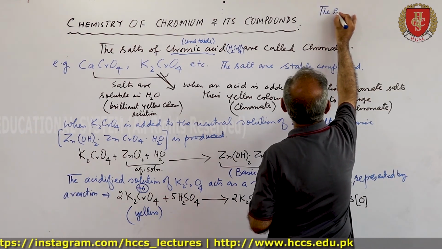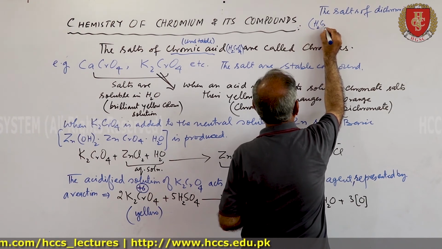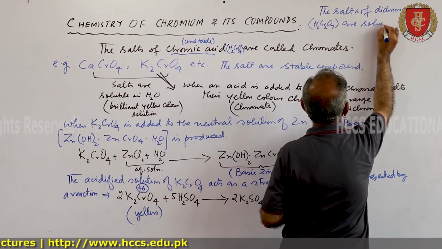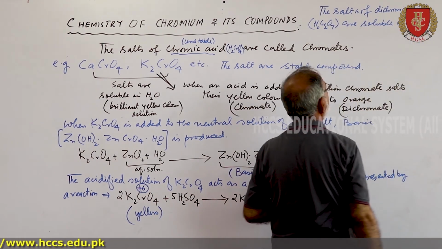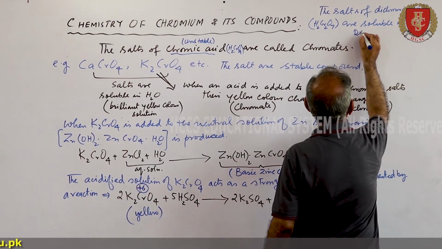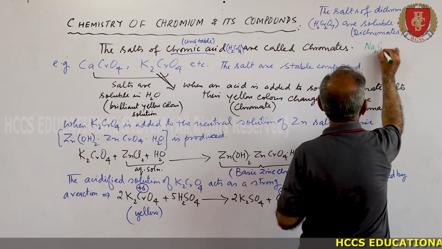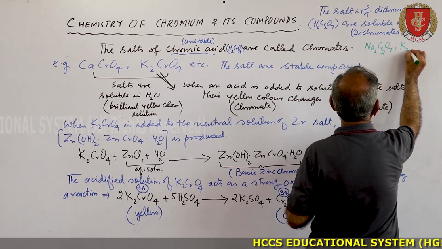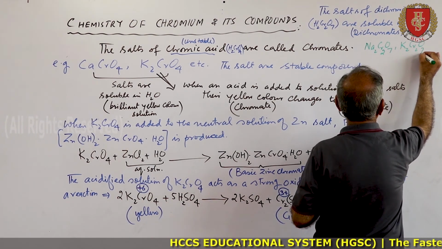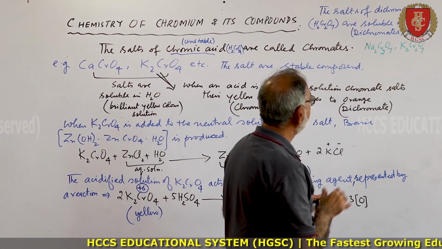The salts of dichromic acid are soluble in water as dichromates. For example, Na2Cr2O7 and K2Cr2O7. These are the salts.